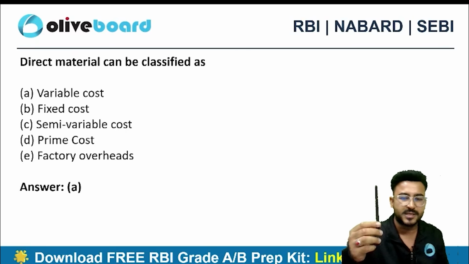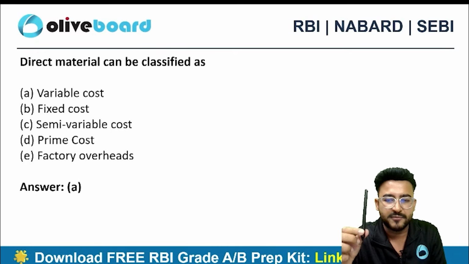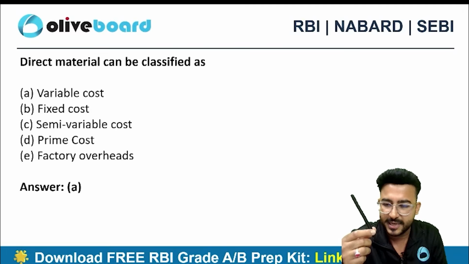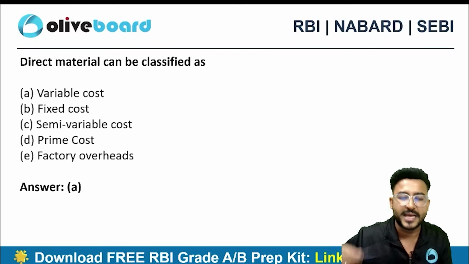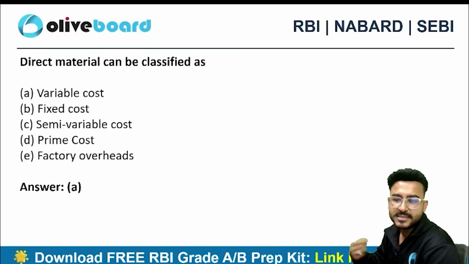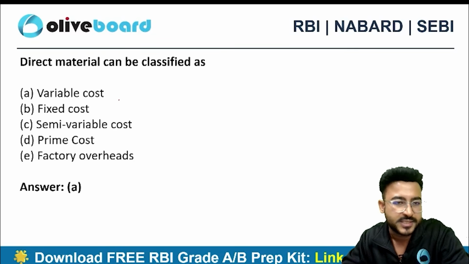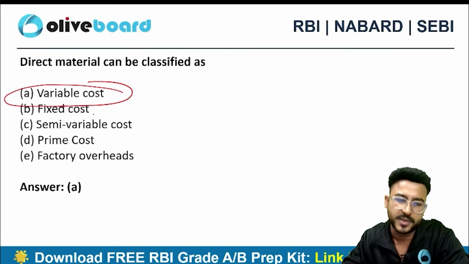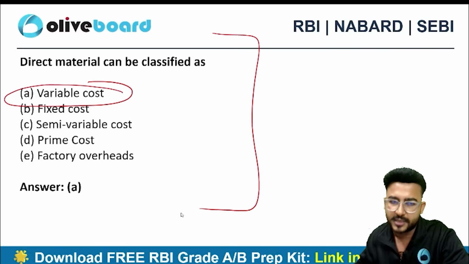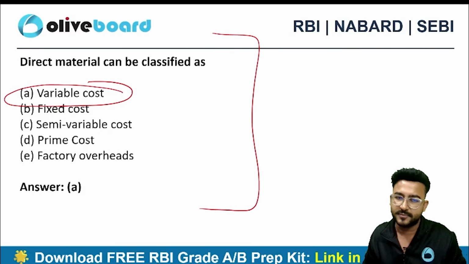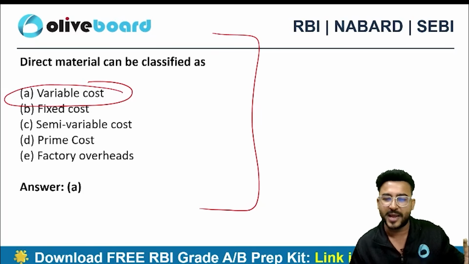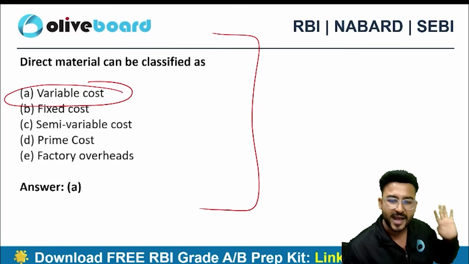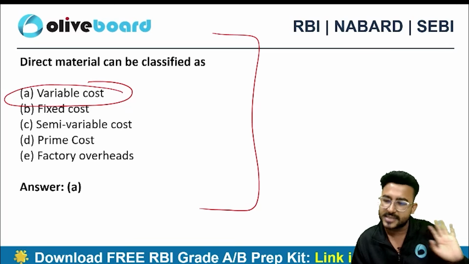The plastic I'm using in this pen is a direct material. The more pens I manufacture, the more plastic I need to incorporate. That's why we say it is a kind of variable cost. But yes, this question is contradictory in nature. It has two answers. I'm not saying that prime cost is a wrong answer. And we have contradictory questions in the examination also.